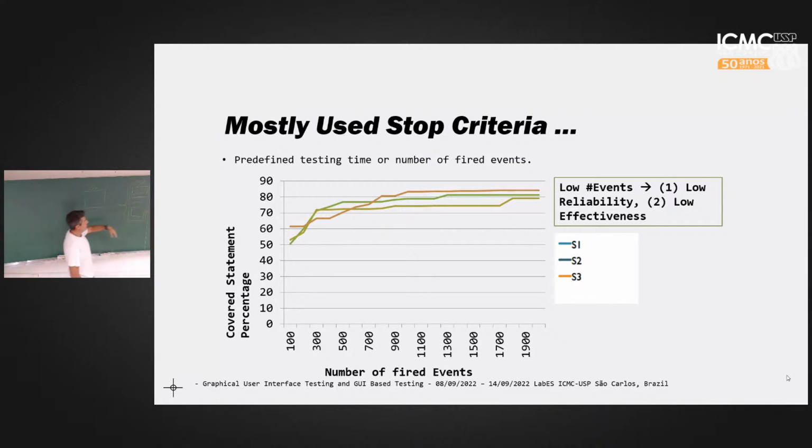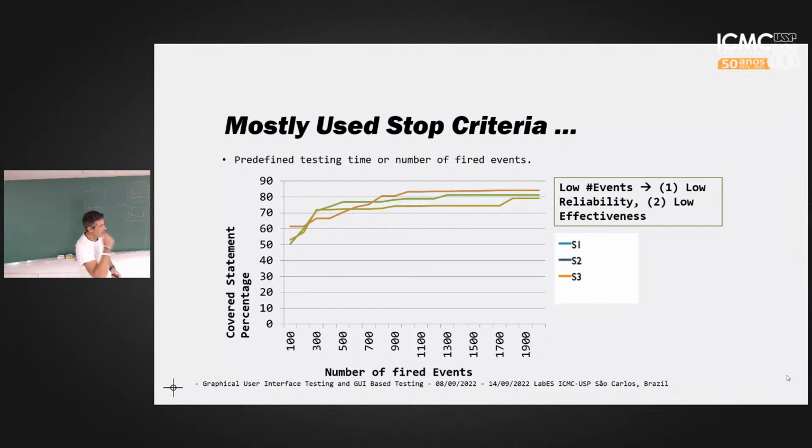Okay? Now, why this? Because as we saw in the first lesson, one of the metrics for evaluating the effectiveness of a testing technique is the number of faults, or if I do not know this metric, another metric is the number of covered statements.